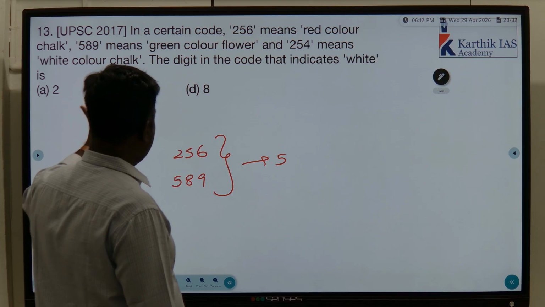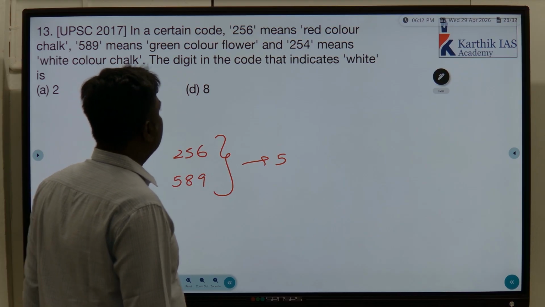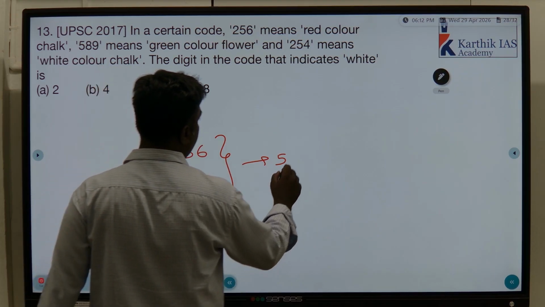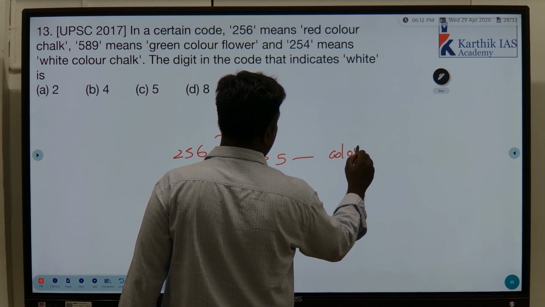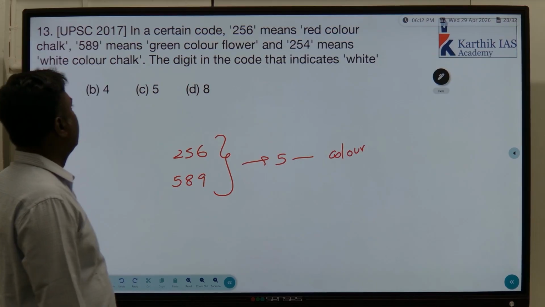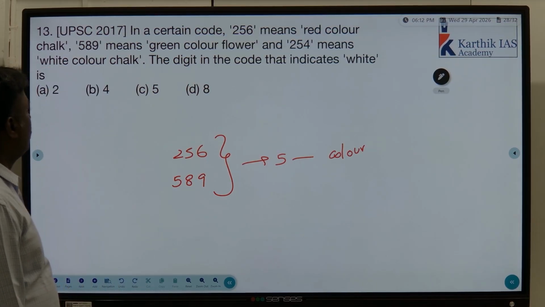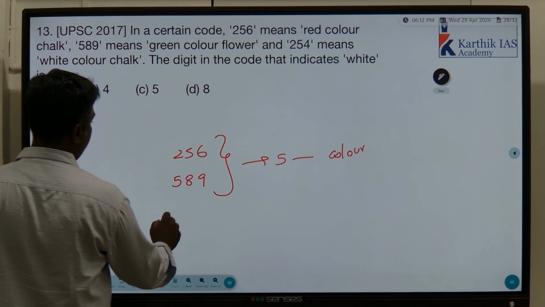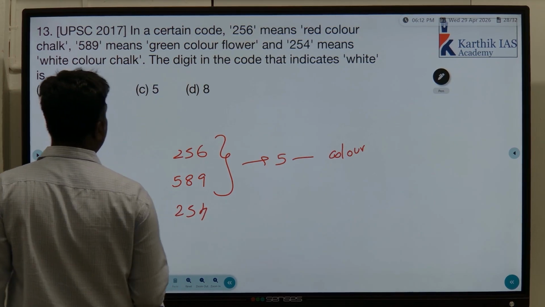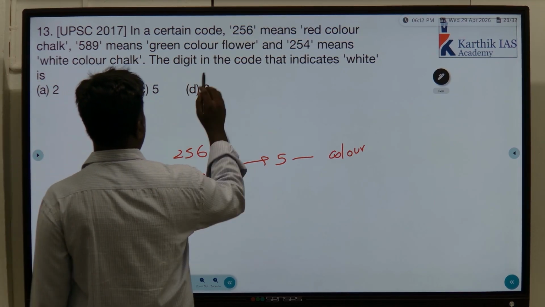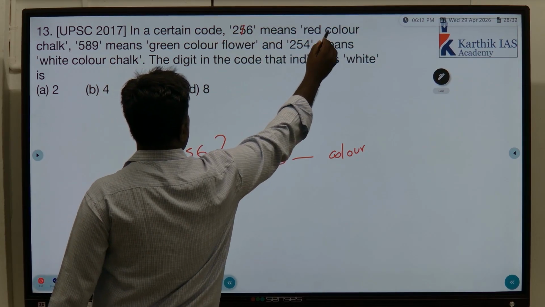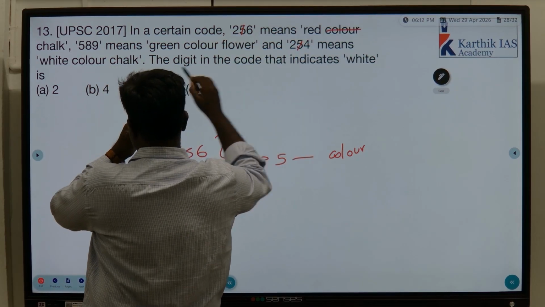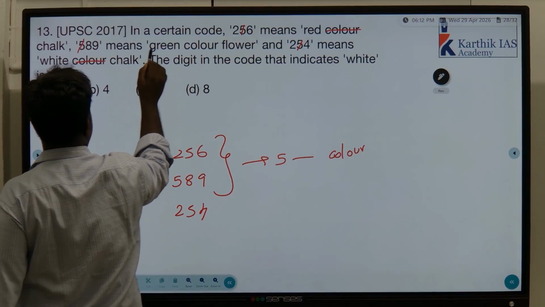Similarly, red color chalk, green color flower. I am seeing 5 means color. 254 is also here. Everywhere color is there. Once you identify 5 means color, everywhere you cancel it first. 5 means color, 5 means color, 5 means color.